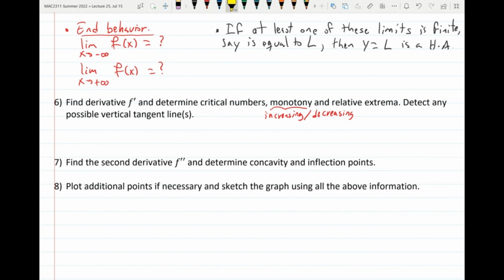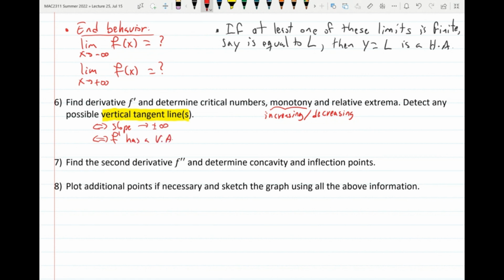If you want to know points at which you may have vertical tangent lines, that's equivalent to saying that the slope approaches positive or negative infinity, which is equivalent to saying that f prime has a vertical asymptote.